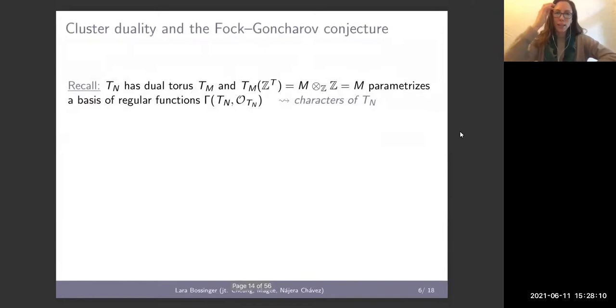Okay, so then let's move on and see why these tropicalizations are important to the theory. If we recall from toric geometry, the torus T^n has a dual torus, and the integer tropical points of the dual torus, as I've just defined it, are simply the lattice tensored with the integers.